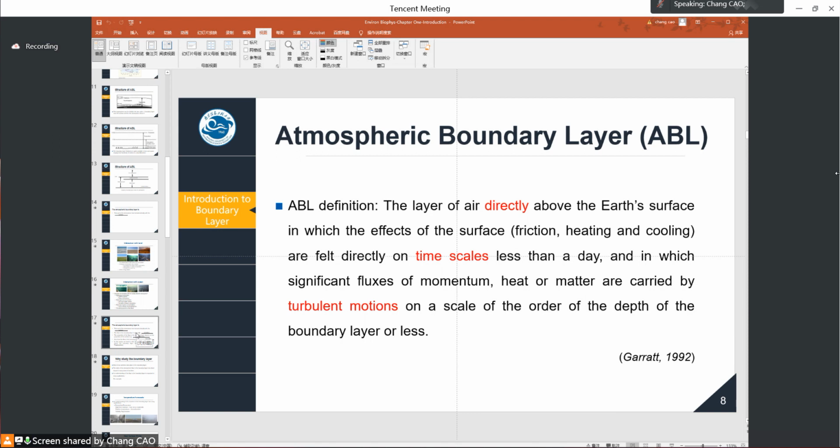Okay, so my question here is what are the characteristics of the atmospheric boundary layer? Other students, if you know the answer, you can also let me know. You can type in the chatting room here, or you can just directly speak it.